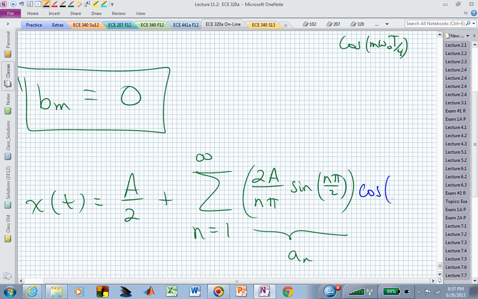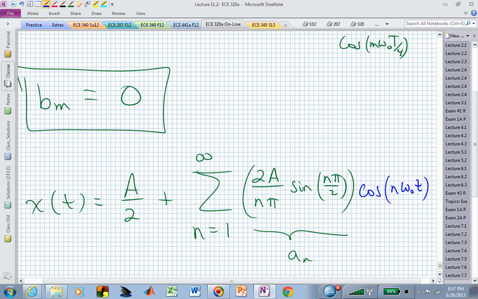So this is the cosine of n omega naught t that is weighted by this coefficient a sub n. And that's now the Fourier series representation of that pulse train written in terms of the trigonometric Fourier series expansion.